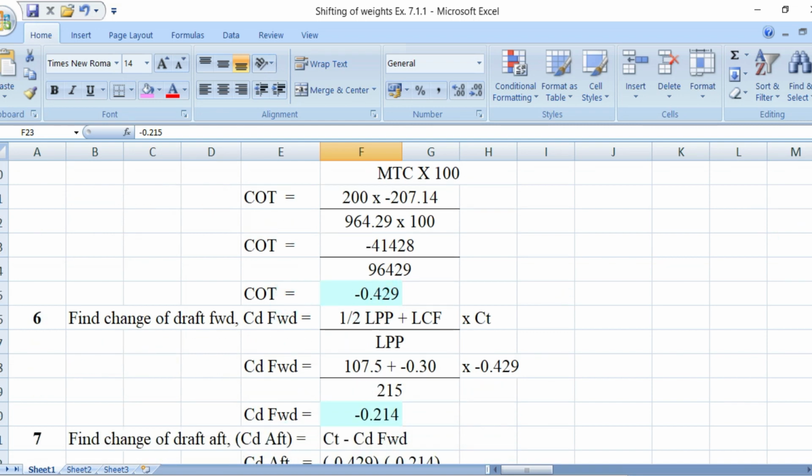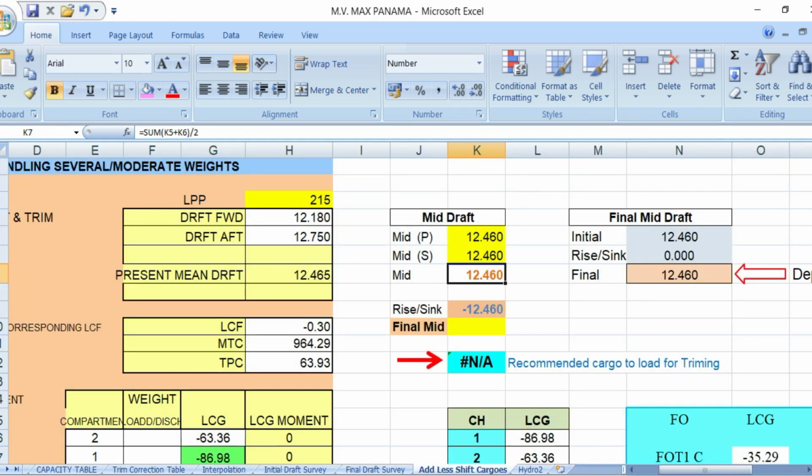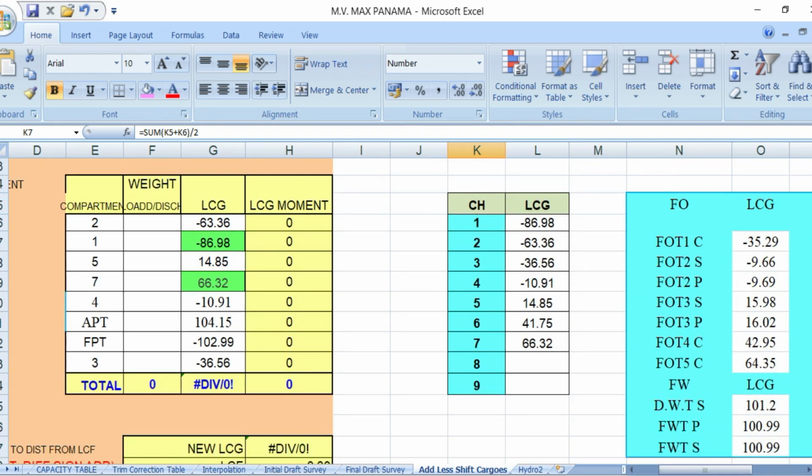So change of trim here, go down, you put there Afterpeak, you discharge 200 metric tons and you pump in Forepeak tank of 199.